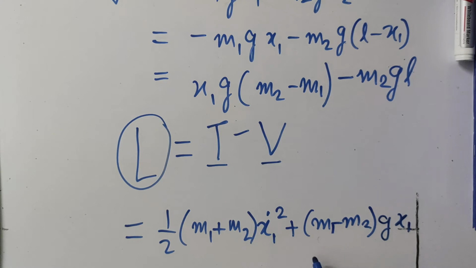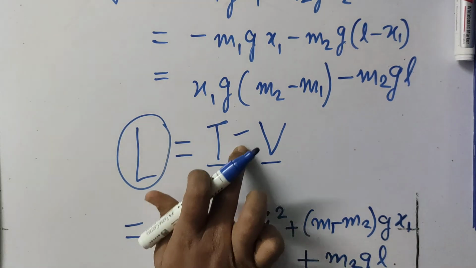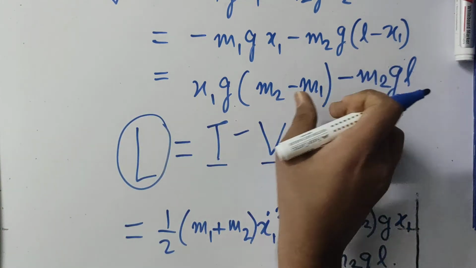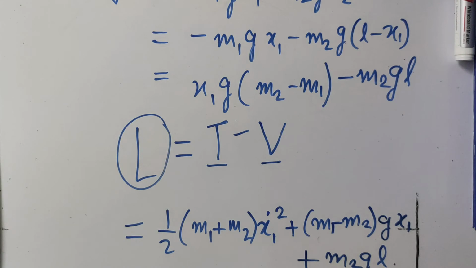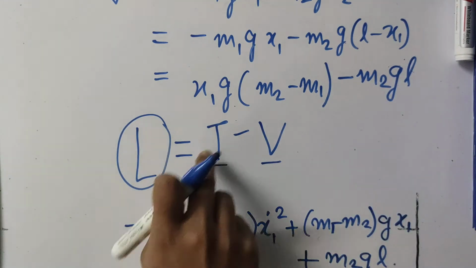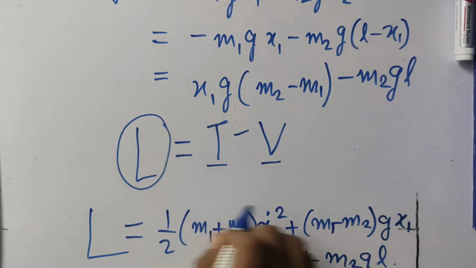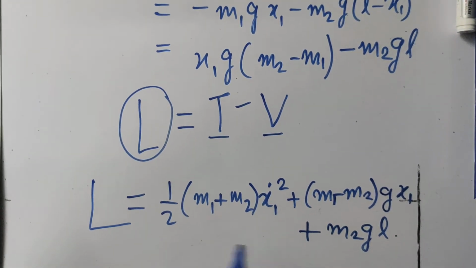This minus was made plus by taking this minus common and making m2 minus m1 as m1 minus m2, and this minus becomes plus in doing this subtraction. This is the Lagrange over here. This is our Lagrange.